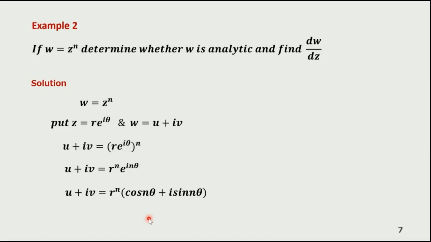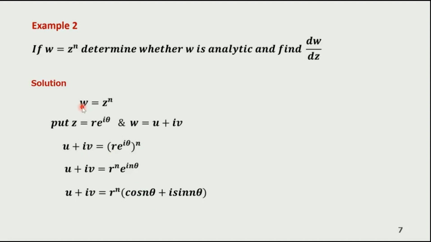Okay, so what we are doing is replacing z by r e raised to I theta. They have not specified that you have to make use of the Cartesian coordinates or the polar coordinates. Okay, so we have to make use of the appropriate method so that the derivative part becomes easy. So here we have not used the Cartesian form of Z. We are applying the polar form so that real and imaginary part can be easily calculated.